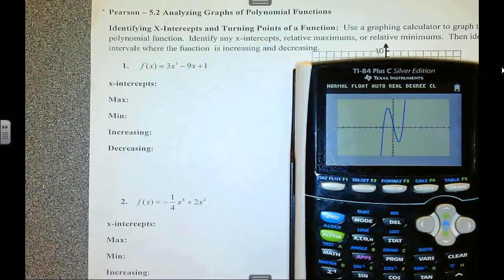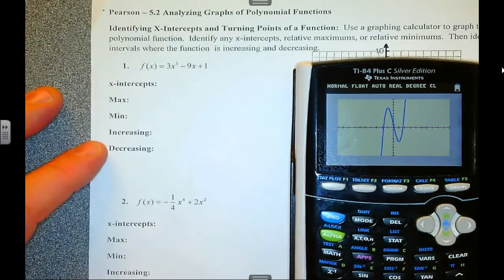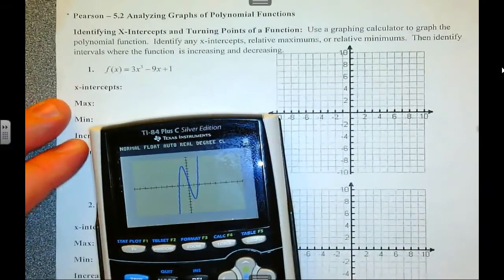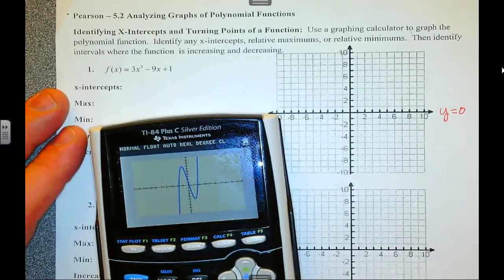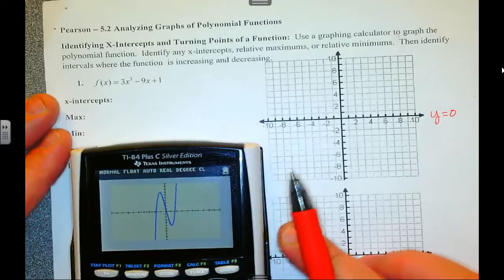Okay, you got a couple of choices how to find the x-intercepts, right? What's my y value? In fact, what's the equation of the x-axis? Yeah, y equals 0. So if y equals 0, I could maybe try a shortcut here.